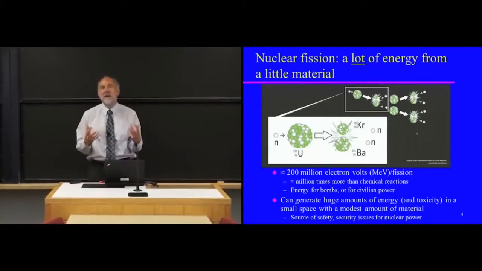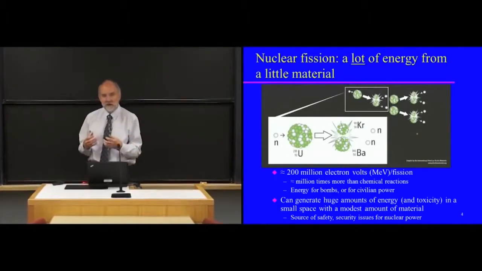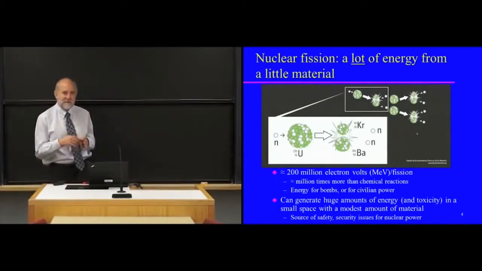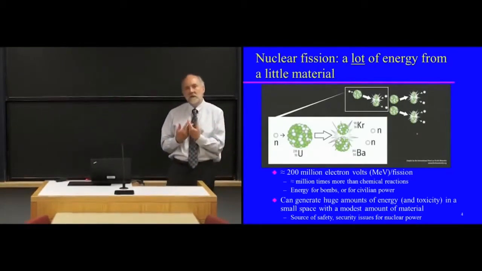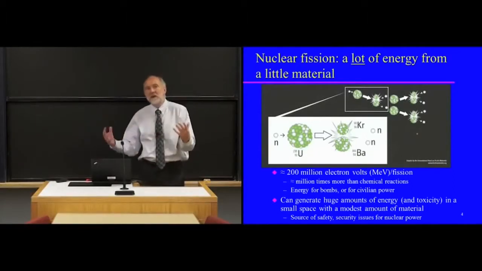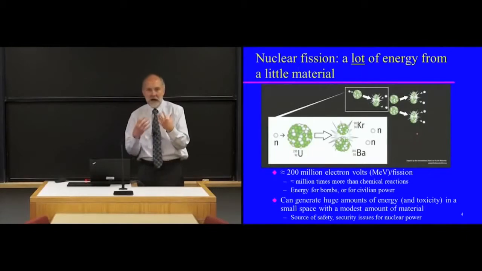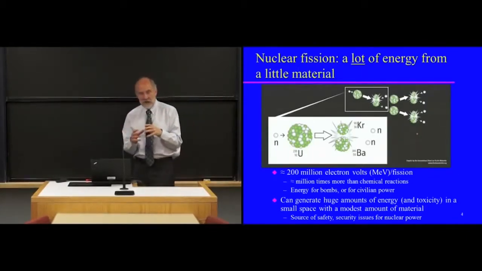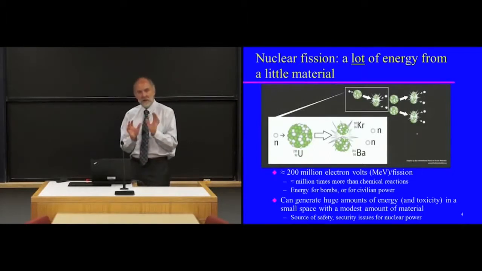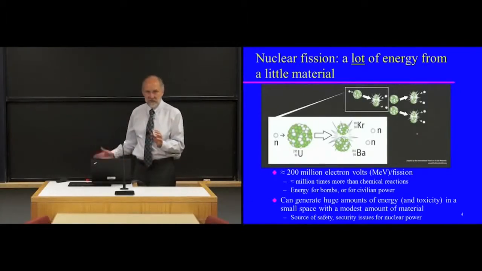And you get a lot of energy out of this fission reaction. You get about 200 million electron volts, that's a very rough number, a little bit more for some, a little bit less for others, out of each of these fissions. That's more than 1 million times more than you get out of each atom that takes part in a chemical reaction. Why? Chemical reactions only affect the electrons that are in a haze around the nucleus of the atom. They're far away.